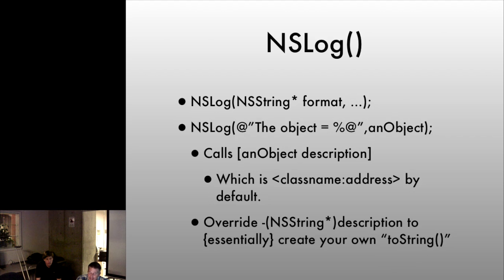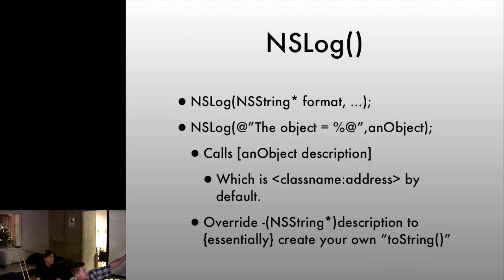So if you subclass an NSObject and you don't provide a description method, you're just going to see class name and address. Otherwise, if you override it, the method is called description, and it returns an NSString.